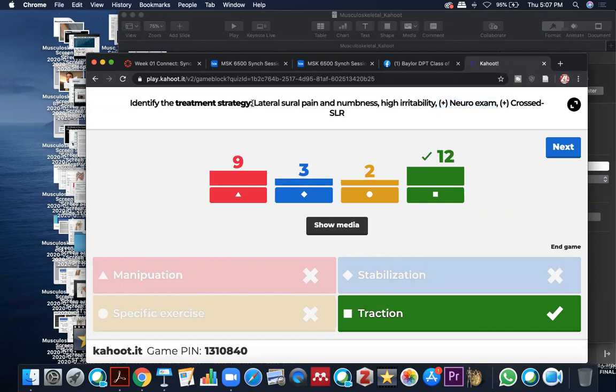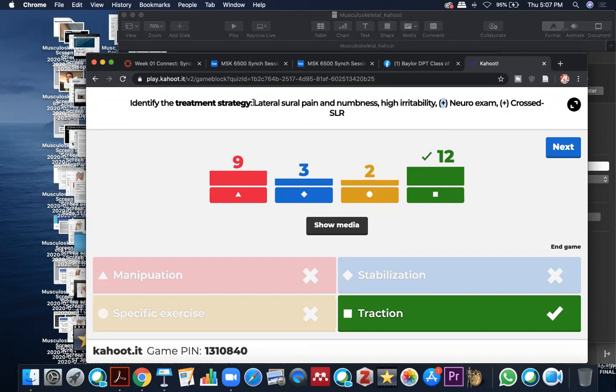If they've got pain below the knee and a positive neuro exam, I think the sense there is that it would probably be a radiculopathy, not just the irritated nerve root, which would be radicular pain. If this had been a negative neuro exam, it probably would have been just radicular pain, so an irritated nerve root.